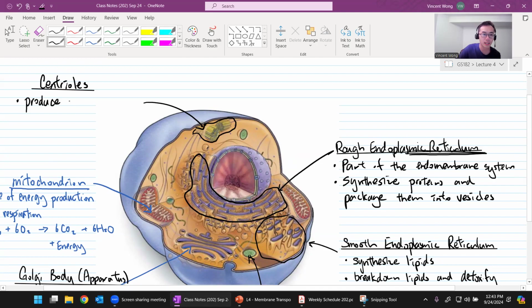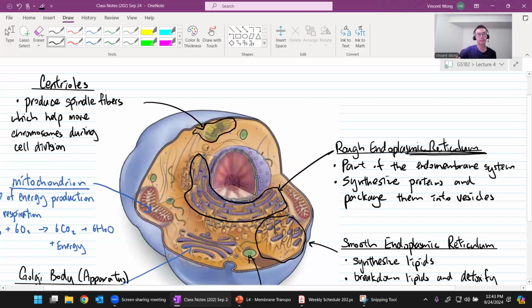They produce spindle fibers, which help move chromosomes during cell division. Okay. And plants don't have these. They still have spindle fibers, but they are produced in a different way. But we do. We have the centrioles.